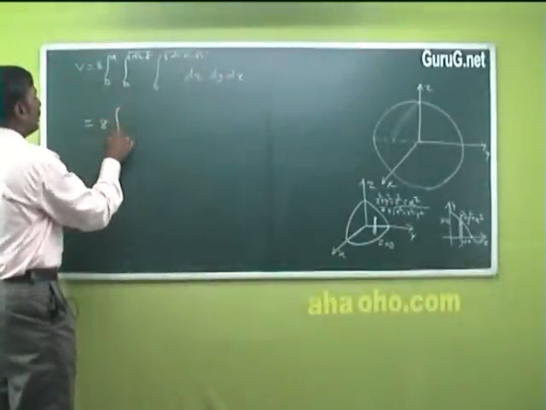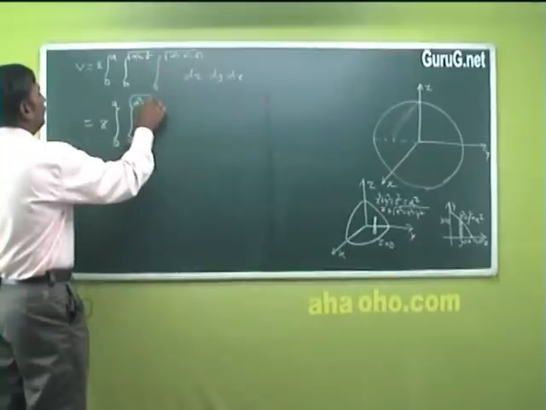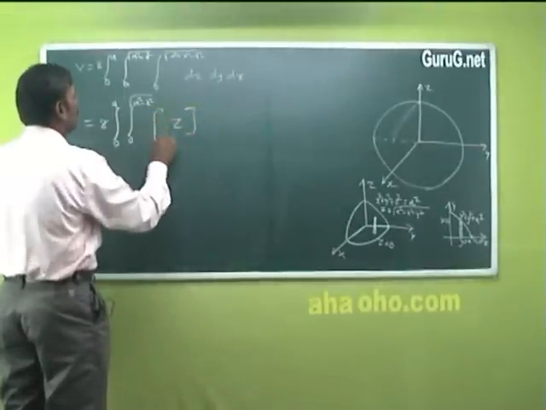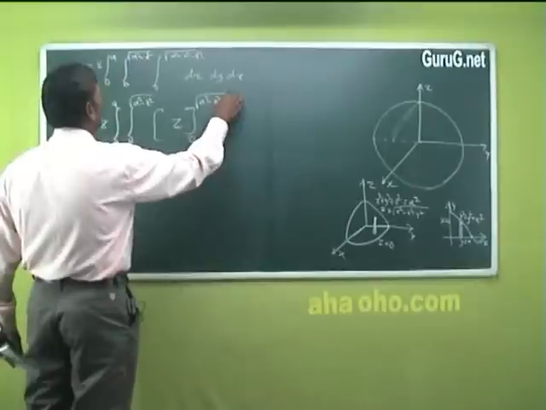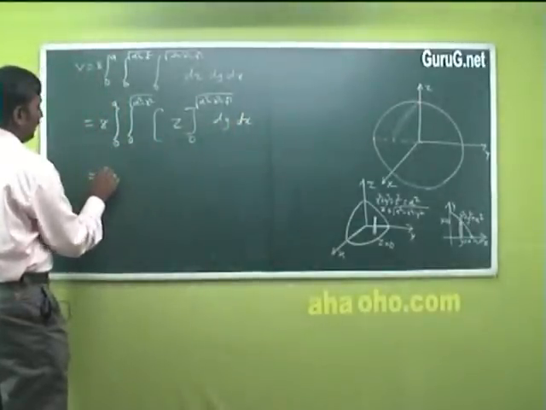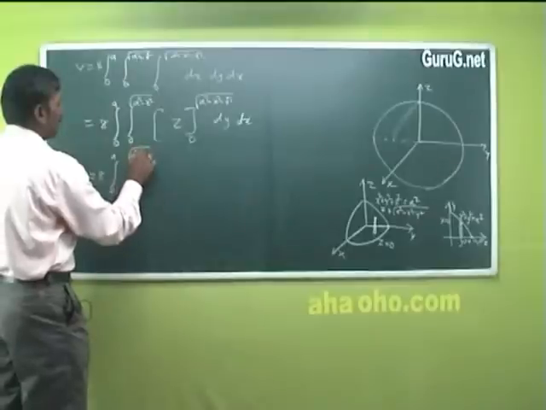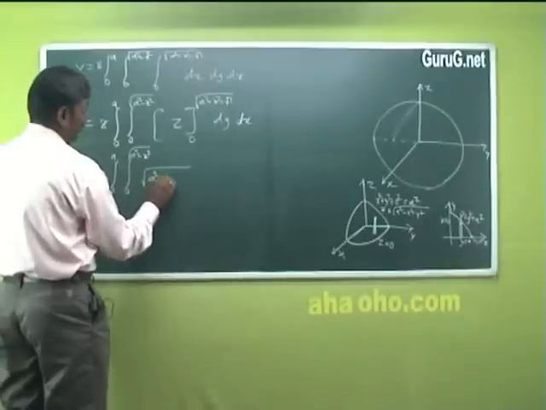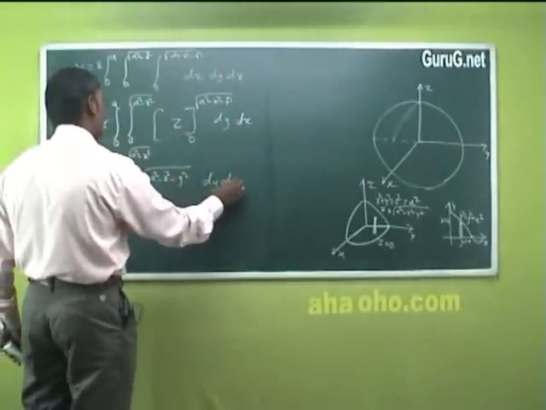Integration of dz is z, so substituting the limits, 8 into integral 0 to a, 0 to root of a square minus x square, root of a square minus x square minus y square into dy dx.